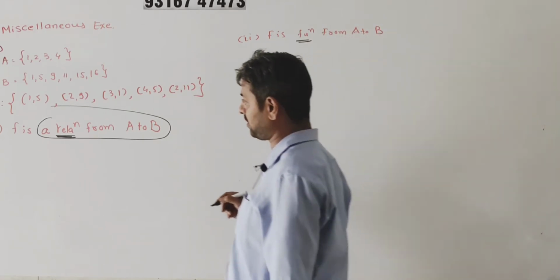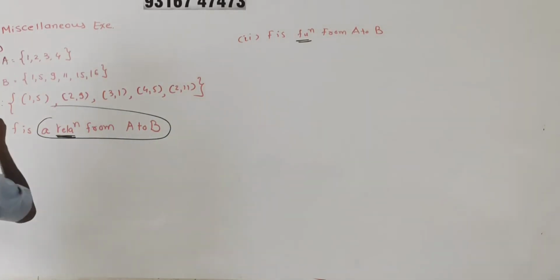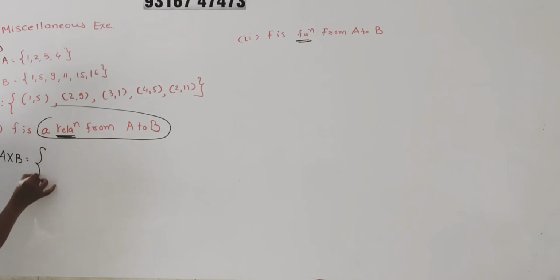So first of all, for A to B, means A cross B, we have to find out, just for understanding.